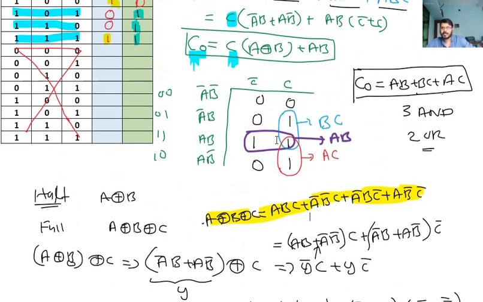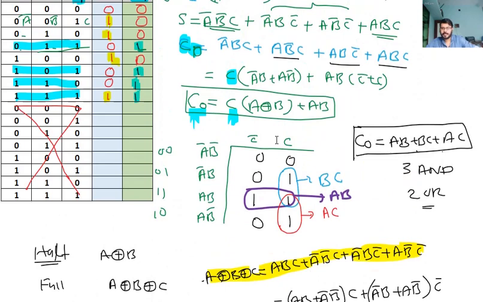Now let us take our expression for sum. Now if you compare these two expressions, this is the expression for sum. So first you have an ABC term. So here you have an ABC term, here you have also an ABC term. Then A complement B complement C, A complement B complement C, A complement B C complement, A complement B C complement, and AB complement C complement, AB complement C complement. So these two expressions are same.